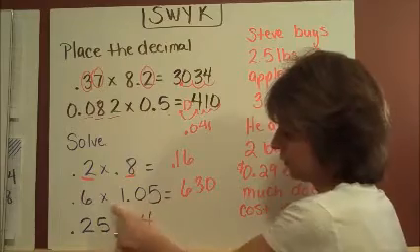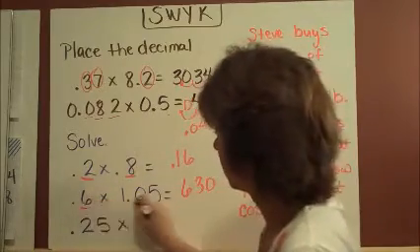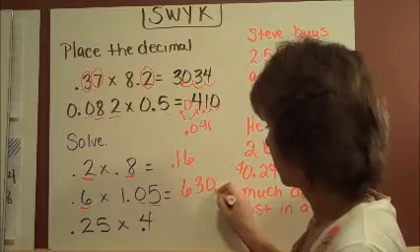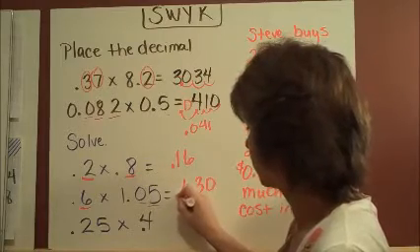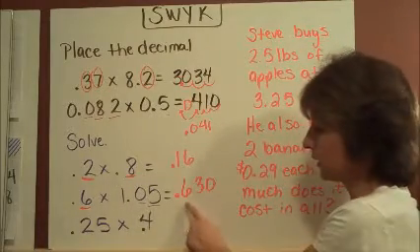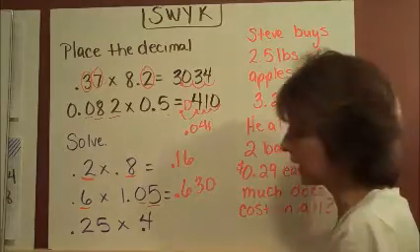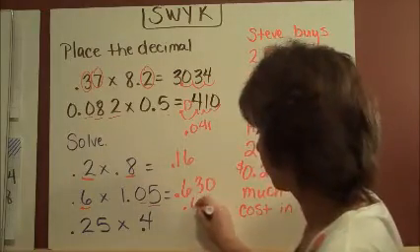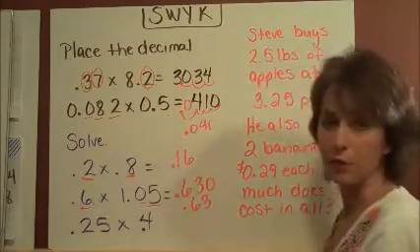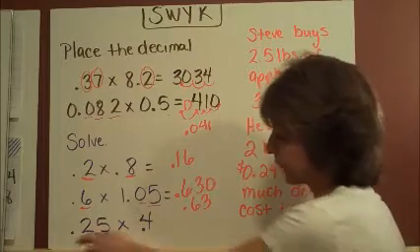There are 1, 2, 3 digits behind the decimal. So 630 thousandths is the answer, but 63 hundredths is the most common answer.